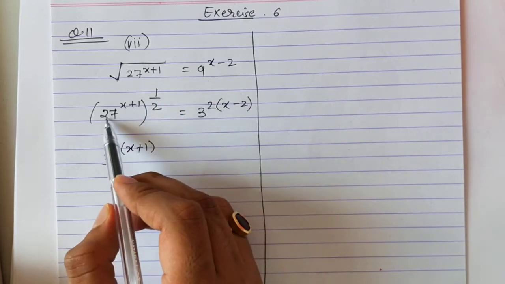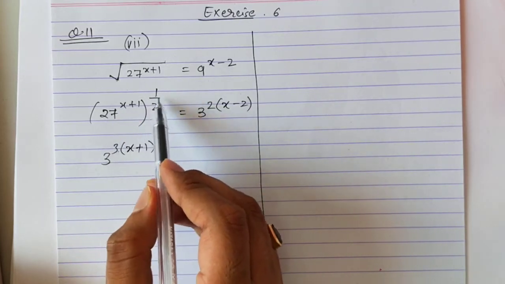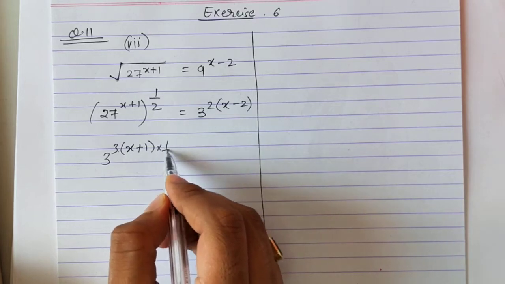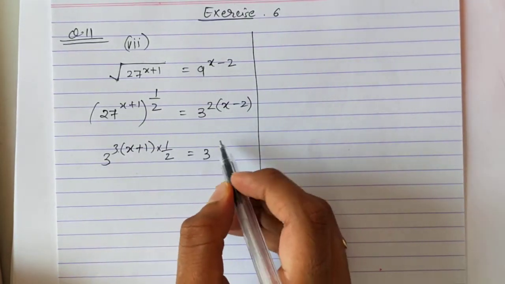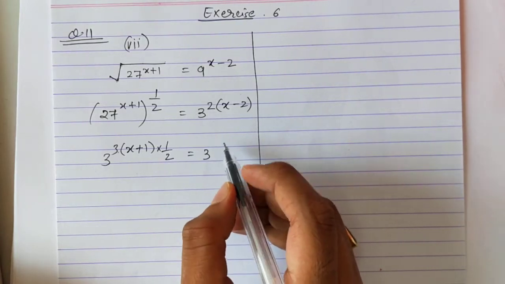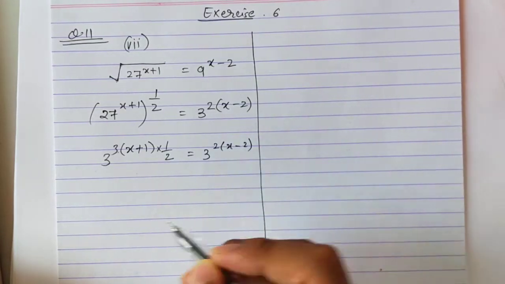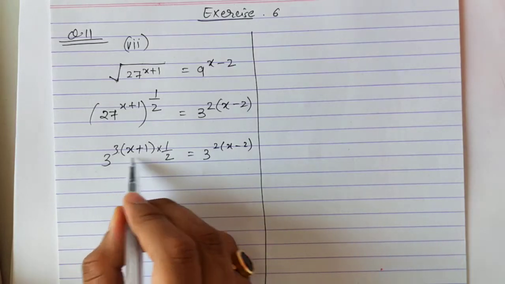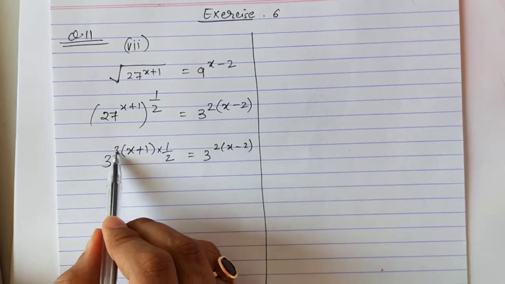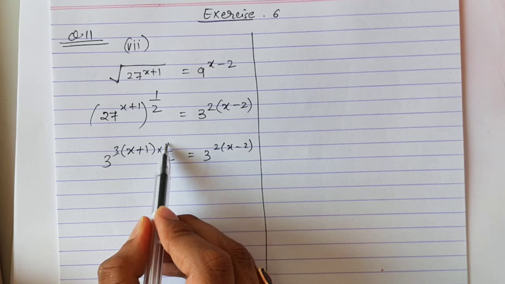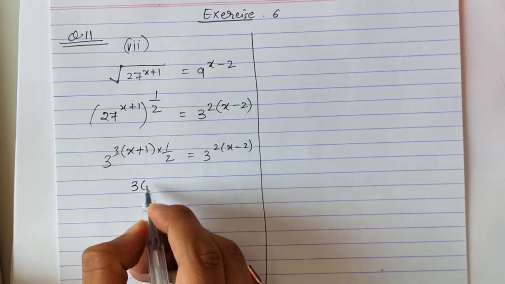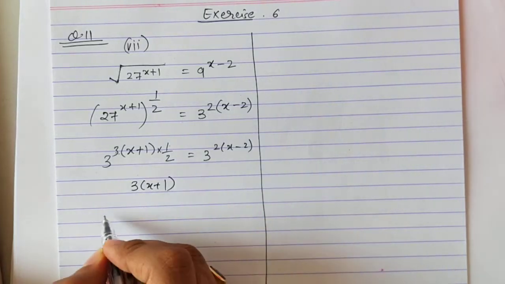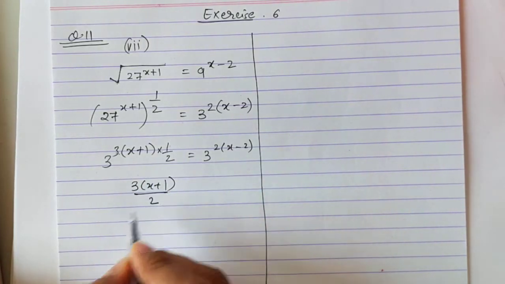This x plus 1 and this 27 became 3 cube, and I also have 1 upon 2, so I'll multiply 1 upon 2 here. It is equals to 3 to x minus 2. So this part here, 3x plus 1 into 1, so 3x plus 1 into 1 is nothing but 3x plus 1 only upon 2.